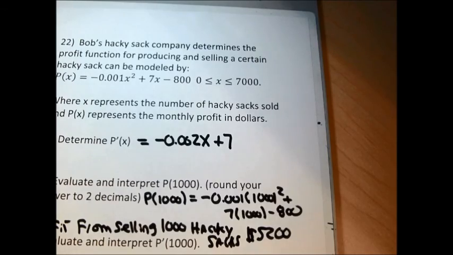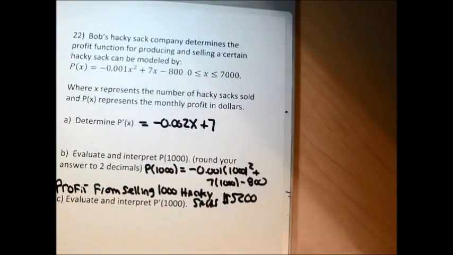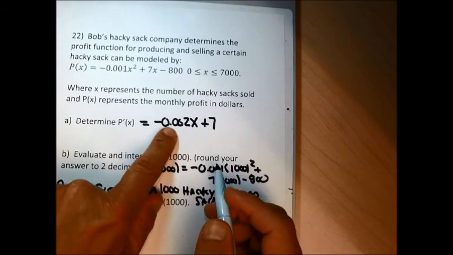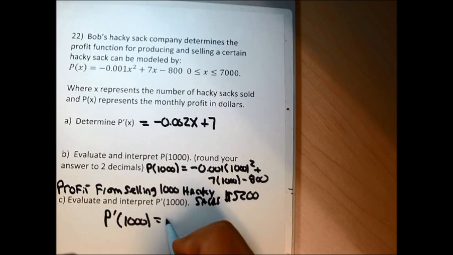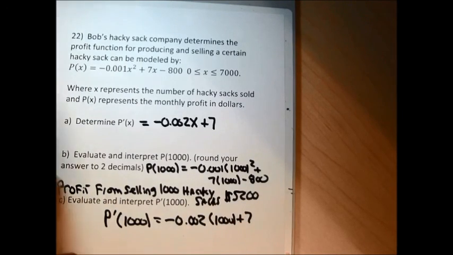So that's the best I could do for part B, kind of speeding it. And then for part C, to do P prime of 1,000, I could just go like this. P prime of 1,000 equals negative 0.002 times 1,000 plus 7. I could do that from my main screen.